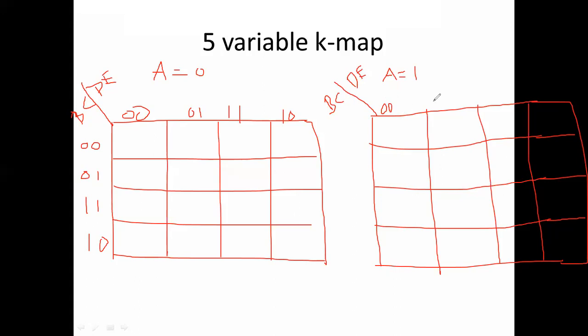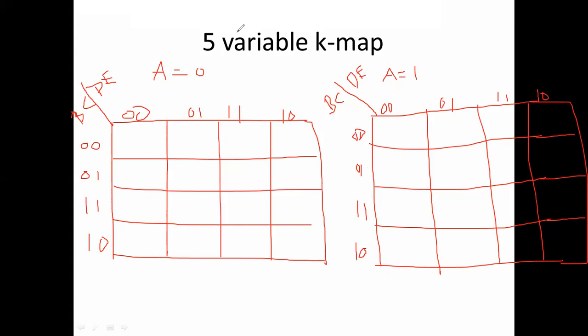Two variables here. 0, 1, 1, 1, 1, 0. Here also 0, 0, 0, 1, 1, 1, 1, 0.